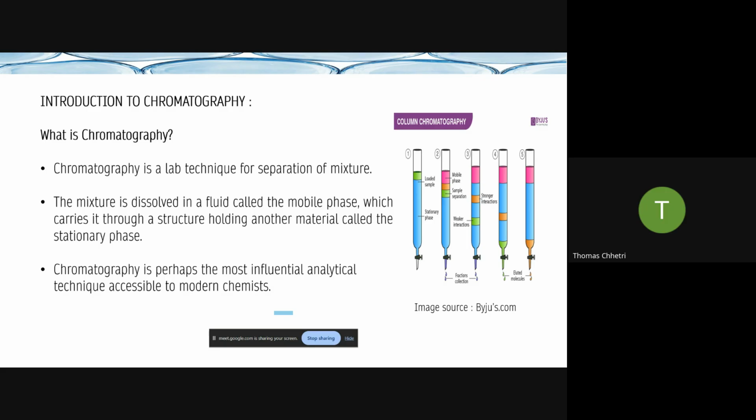The mixture we want to separate is dissolved in a fluid which is called mobile phase, which carries it through a structure holding another material called the stationary phase. So as on the right hand side of the screen, we can see the stationary phase, mobile phase, and the sample. So chromatography is perhaps the most influential and analytical technique accessible to modern chemists.